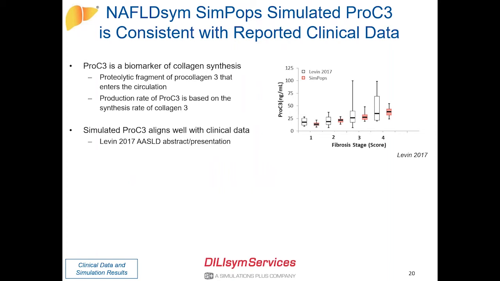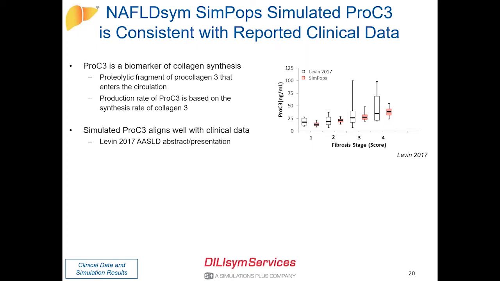Now, ProC3 is something of an emerging biomarker of collagen synthesis. I think at this point in time when we're giving this seminar today, there's actually relatively limited amount of publicly available data. My guess is in the next 18 to 24 months, there will be a lot more.